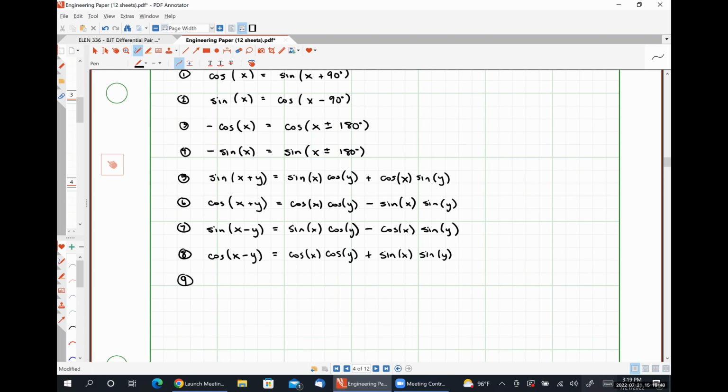This identity is cosine of x plus j sine of x is equal to e to the jx. Okay.